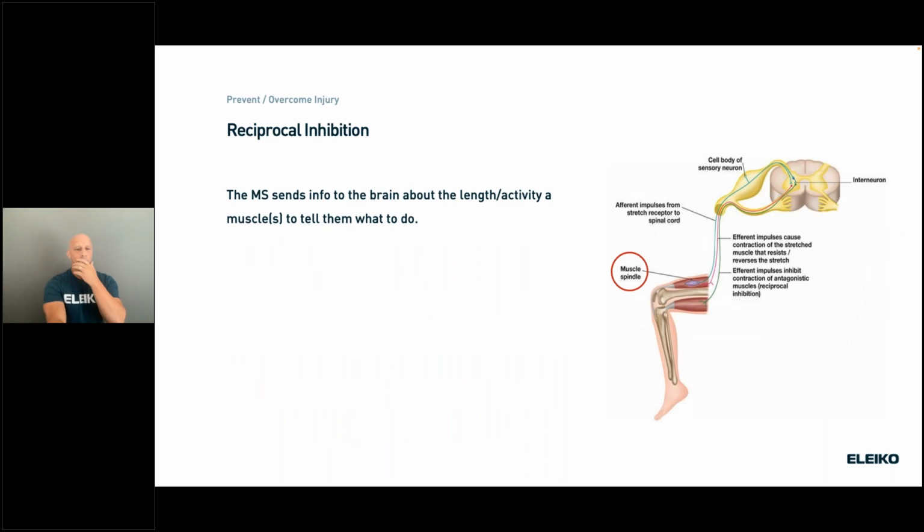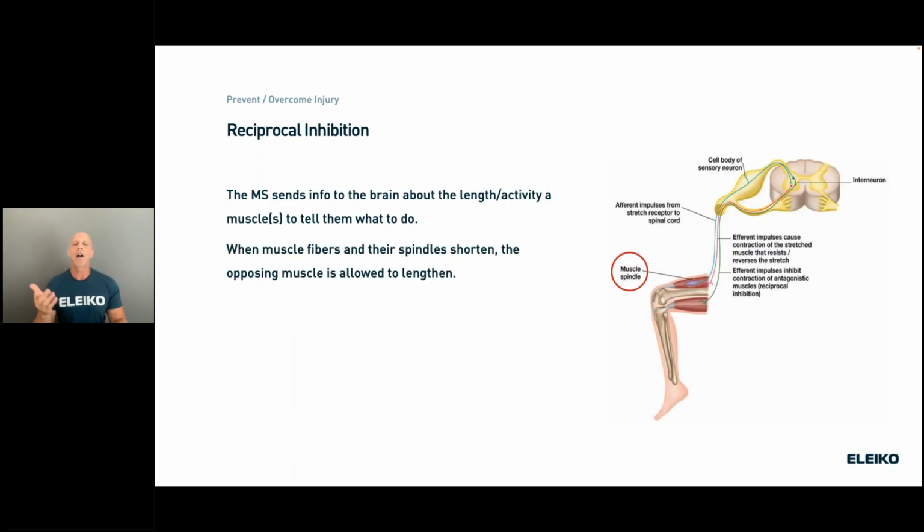Okay, so reciprocal inhibition. Reciprocal inhibition is when the muscle spindle is sending information to the brain, like we just talked about, to tell the muscles what to do. And in this case, when we talk about the reciprocal inhibition component, it's when muscle fibers and their spindles shorten, the opposing muscle is allowed to lengthen. So think of this diagram right here. This is overly simplistic information, but let's keep it very simple.